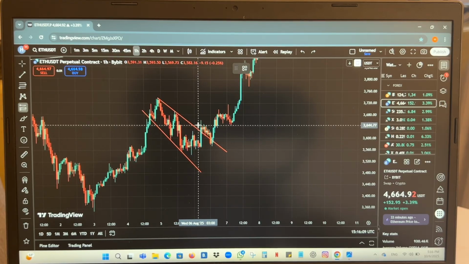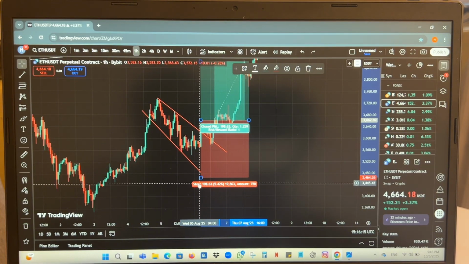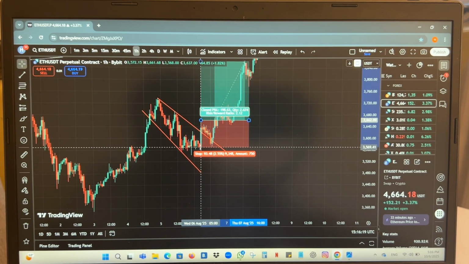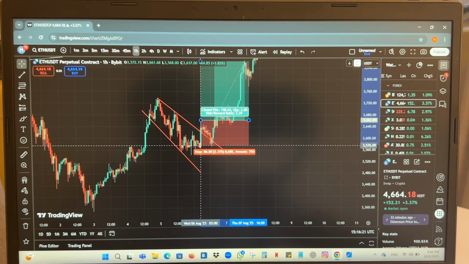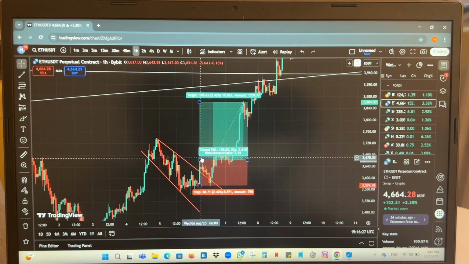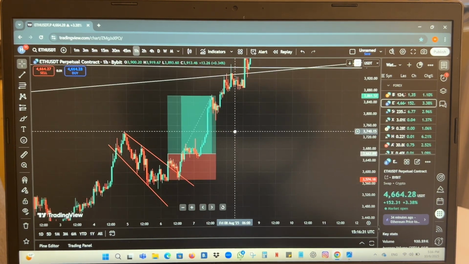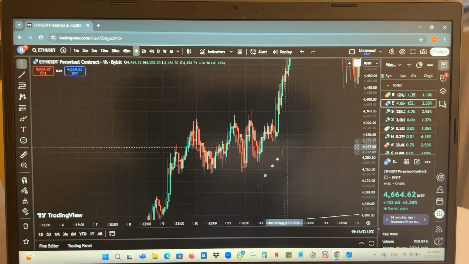So what I'm telling you is, wait for this low, wait for this high to be hunted by the market. Then you have a good idea where to put the stop loss. Bring the stop loss here and wait for it to go up. Just look how long it's still going up, I think. Yeah, it's still going up.